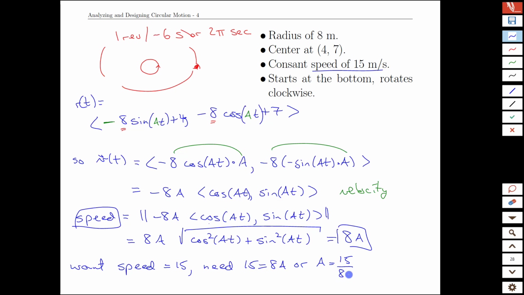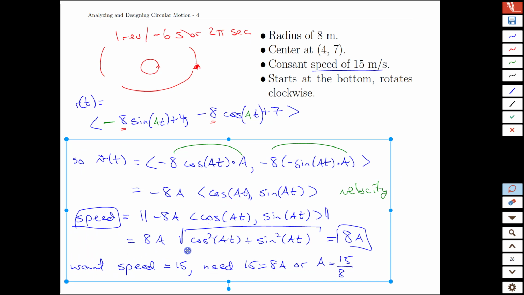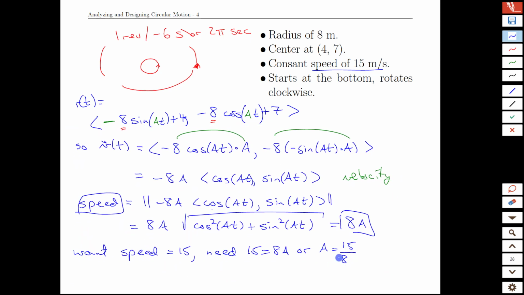And so our final function is going to be this whole construction here, just moving things briefly to make a little more room. We want for our r of t negative 8 times a sine function.